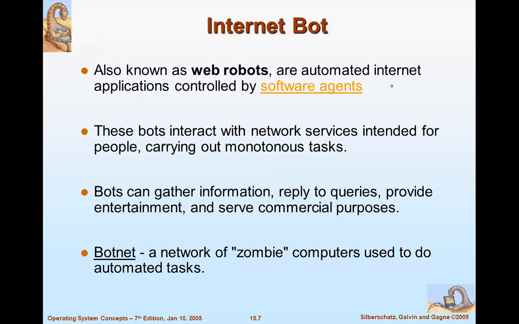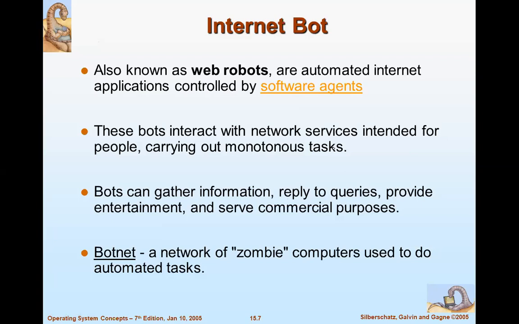Another threat is the internet bot, which is also known as a web robot. These are automated internet applications controlled by a software agent. These bots interact with network services intended for people, carrying out monotonous tasks. In this communication, the internet bots actually get some confidential information from the system.